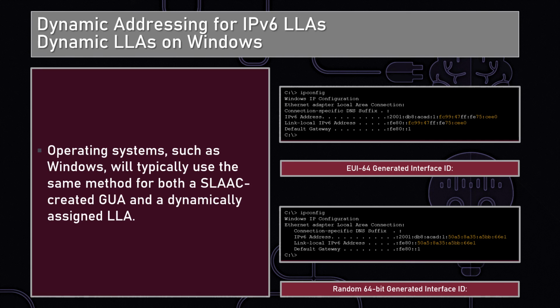Operating systems such as Windows will traditionally use the same method for SLAAC GUAs as well as dynamically assigned LLAs. At the top, we can see the EUI64 method, so we see the MAC address with the flip, as well as the FFFE insertion in the middle. And then we see the random generation down below, where the link local IPv6 address as well as the standard IPv6 address have that same random assignment at the end.